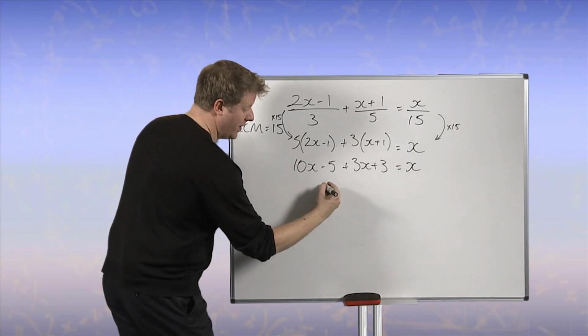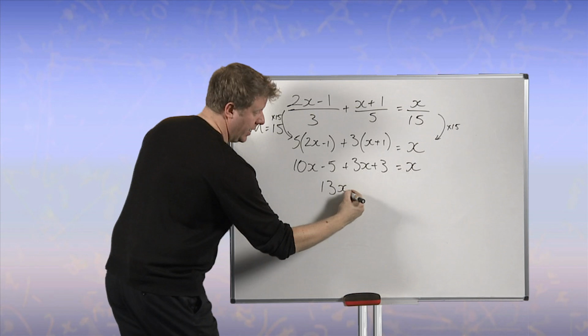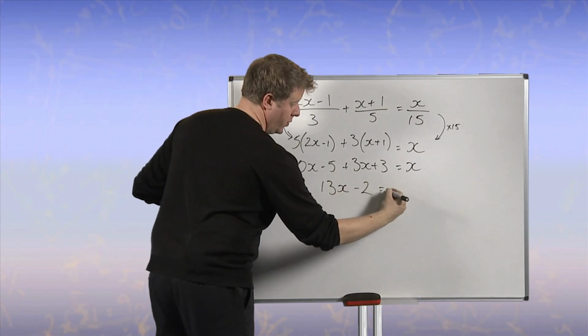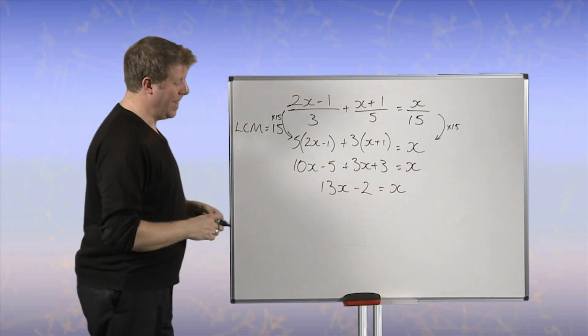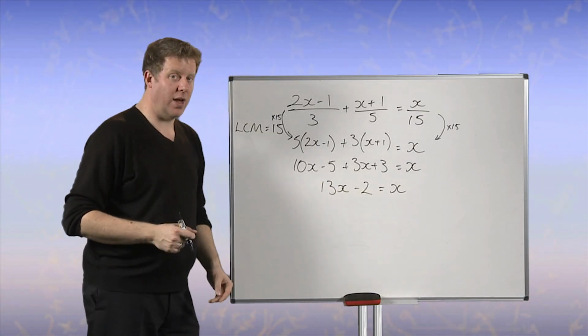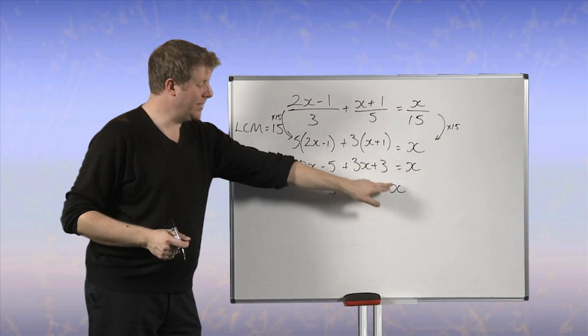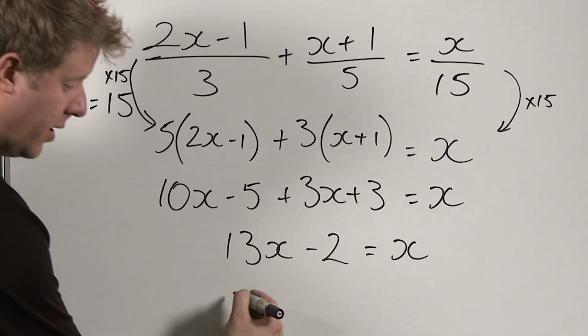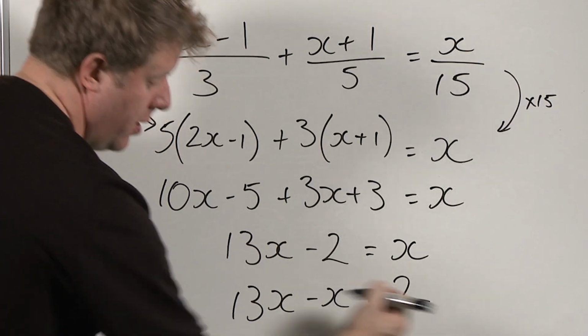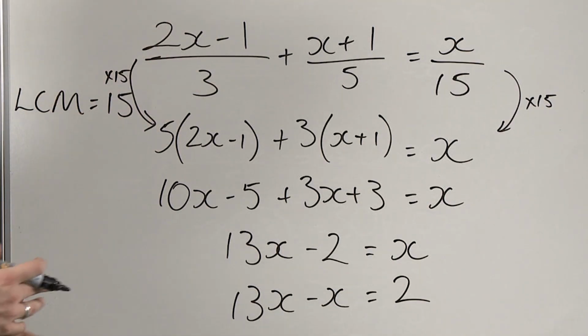I've got on my left-hand side 13x minus 5 plus 3, which is minus 2, equal to x. So I'm going to need to bring my minus 2 over to the right-hand side, but also bring this x over here, giving me 13x minus x equals 2 when I've swapped them over and changed their signs.